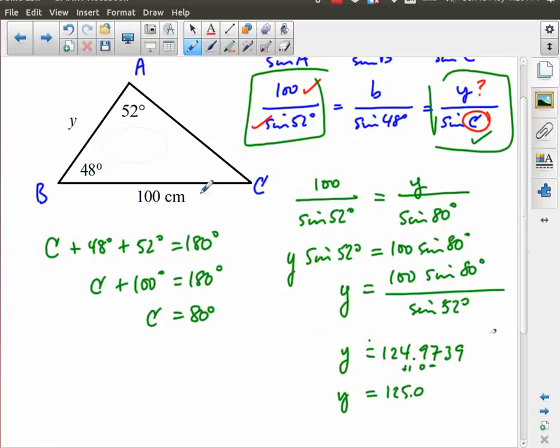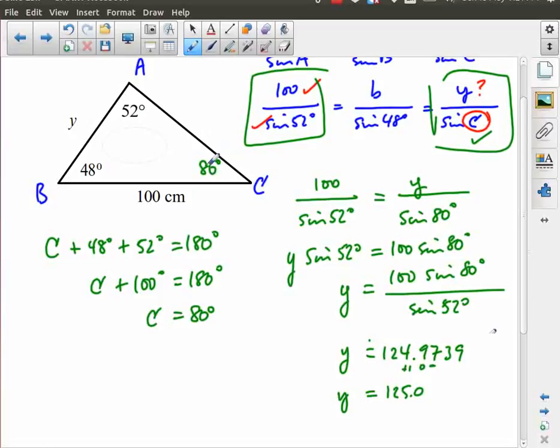And before I check my answer, let's just see whether or not that's even remotely reasonable. I've got a side length here of 100. And so 52 degrees went with 100. This angle was 80 degrees. Notice that this 80 degrees is not really reflected very well in the triangle.